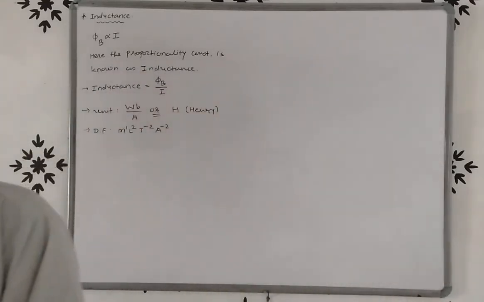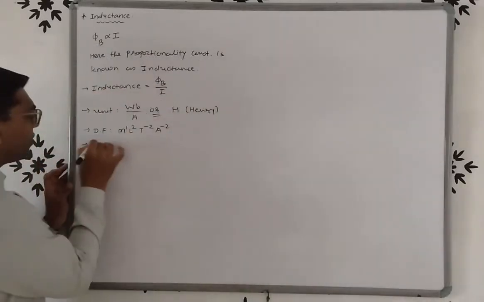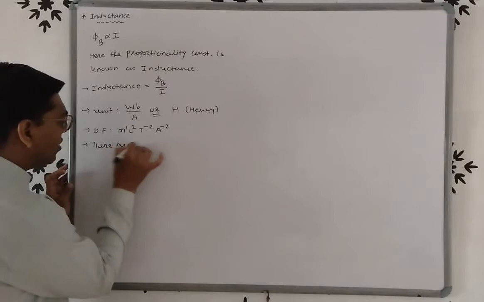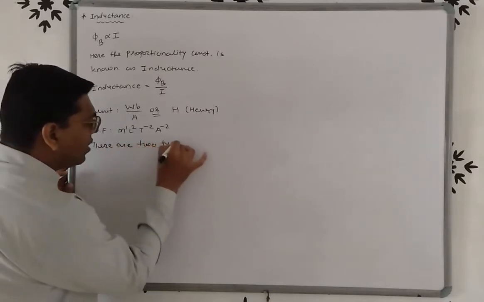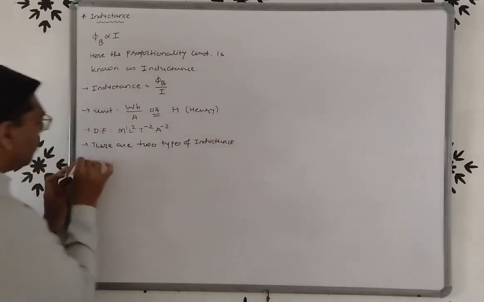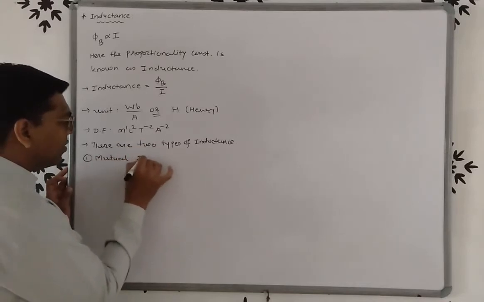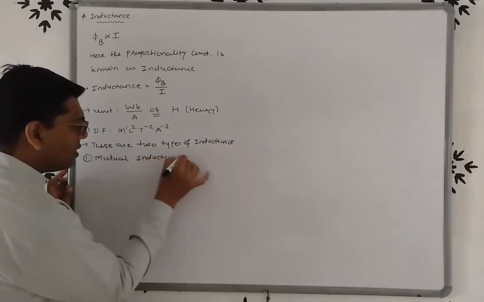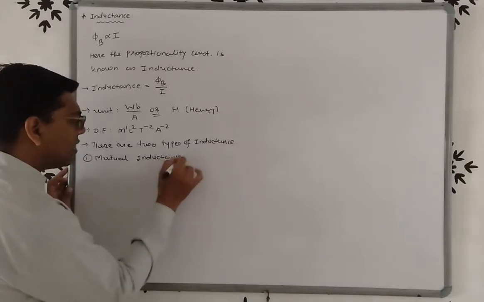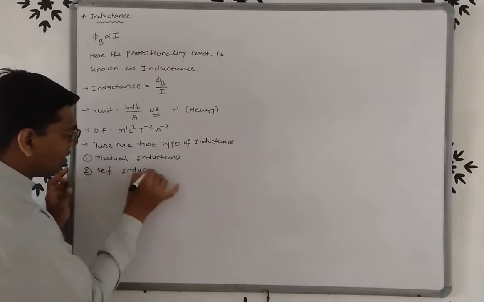Now friends, there are two types of inductance, that is mutual inductance and self inductance, right? First one, that is mutual inductance, and the second one is self inductance.